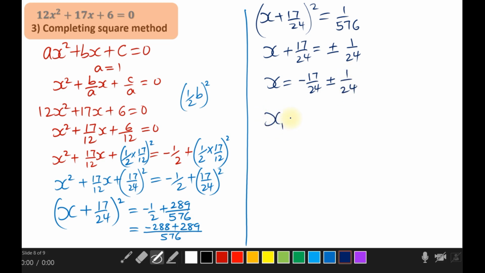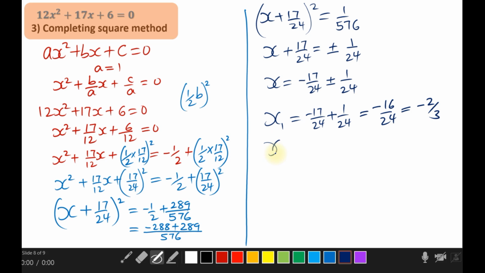Either this one will be minus 17 over 24 plus 1 over 24. Since the denominator is the same, we add the numerators directly. That will be minus 16 over 24. In simplified form, it will be minus 2 thirds.